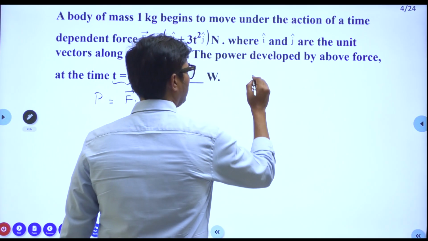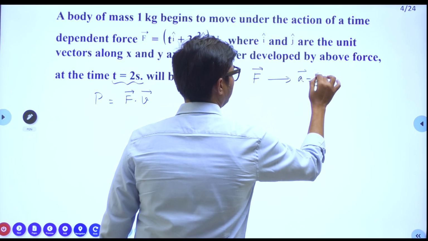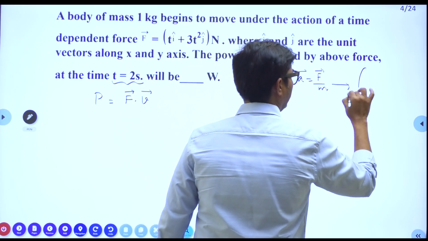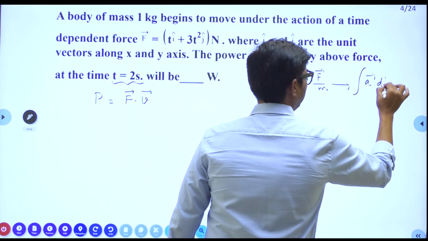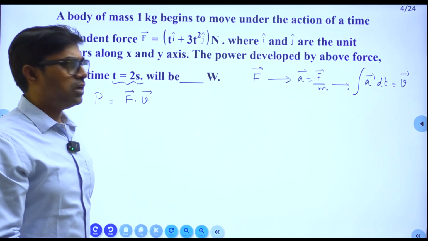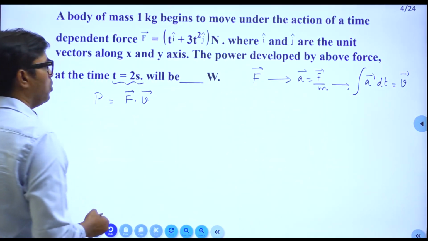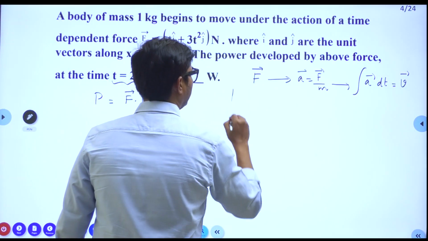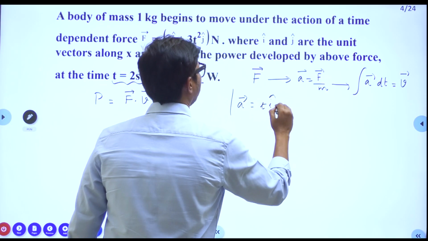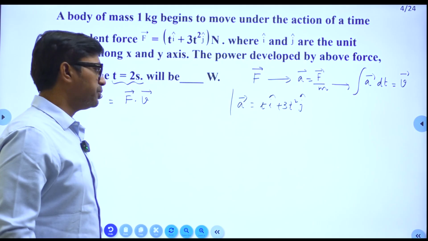To find velocity, what we do is you start from force, you calculate acceleration, which is force by mass. Once you have acceleration, integrate acceleration to get velocity, because initial velocity is 0. So the change in velocity is nothing but final velocity only. So we'll just integrate it. Mass is 1 kg only. That means acceleration equal to t i cap plus 3t square j cap divided by m, when m is 1.